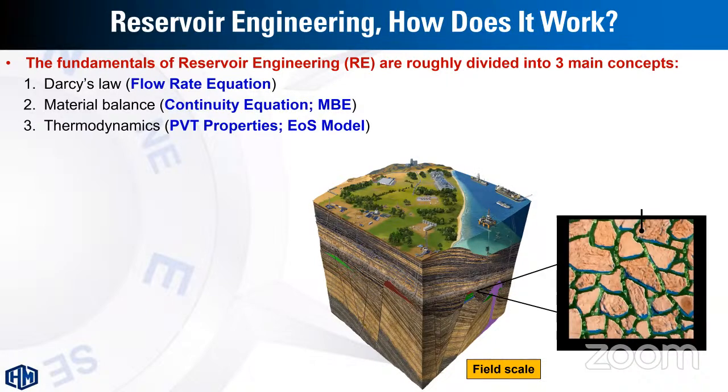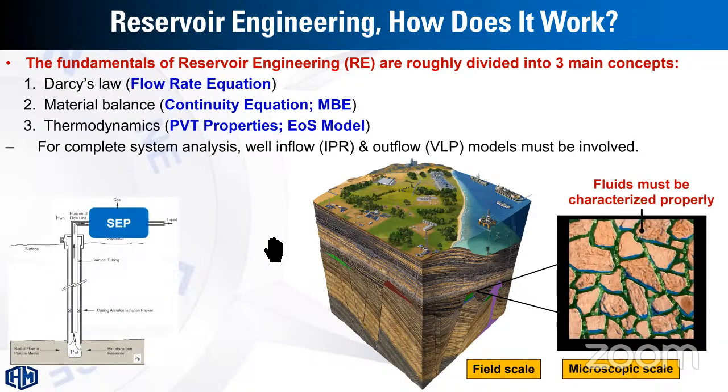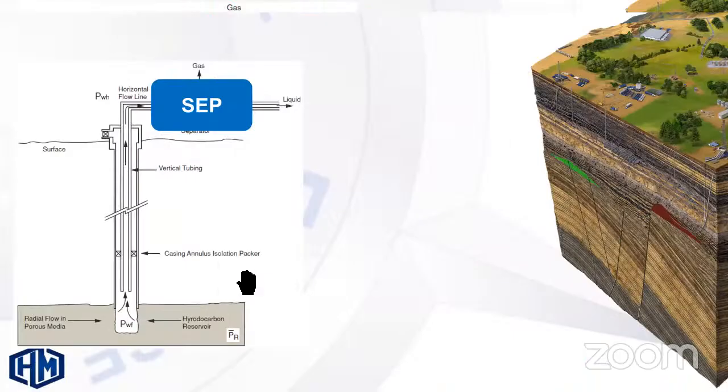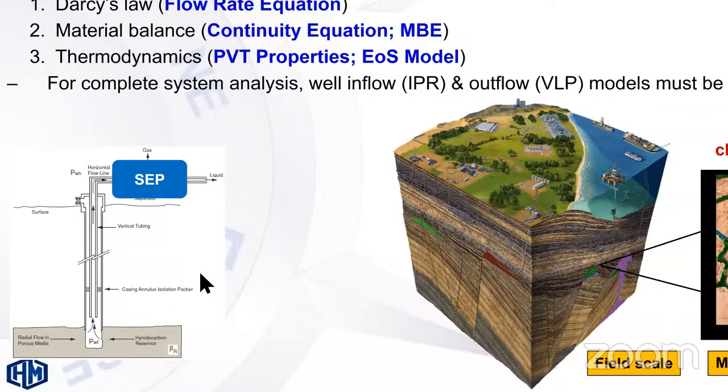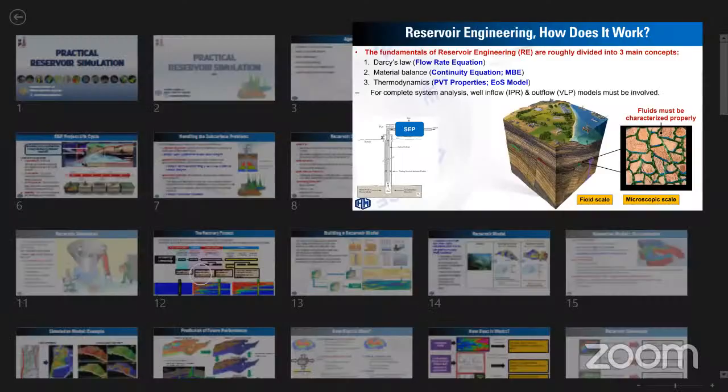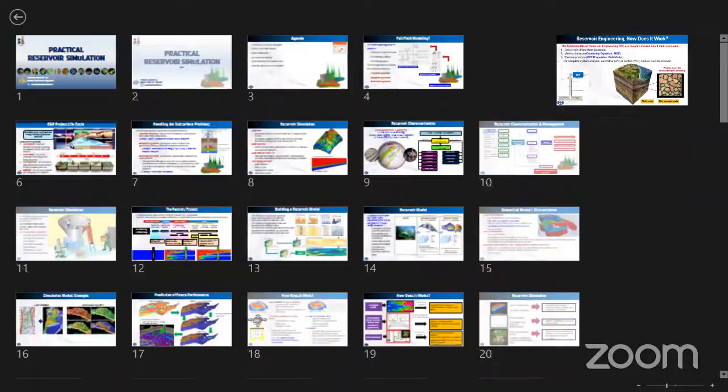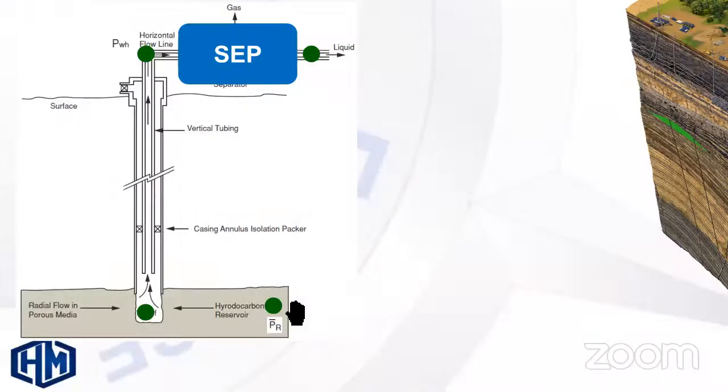So we have to define a particular equation to characterize the fluid properties versus pressure, because the pressure is typically reducing from this point, from the average reservoir pressure to the bottom hole flowing pressure.